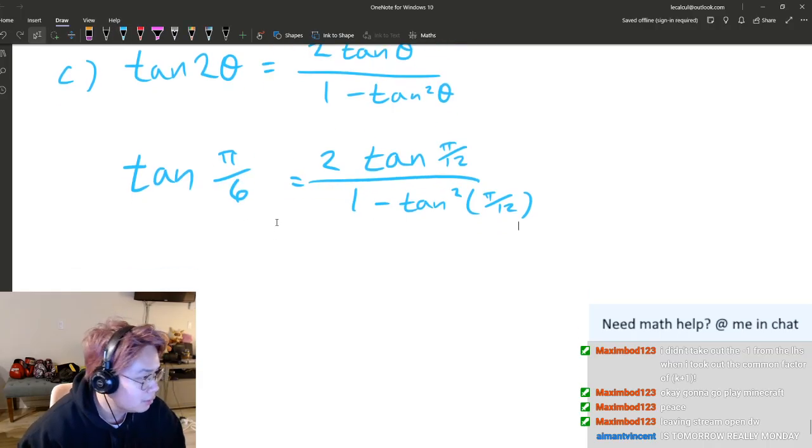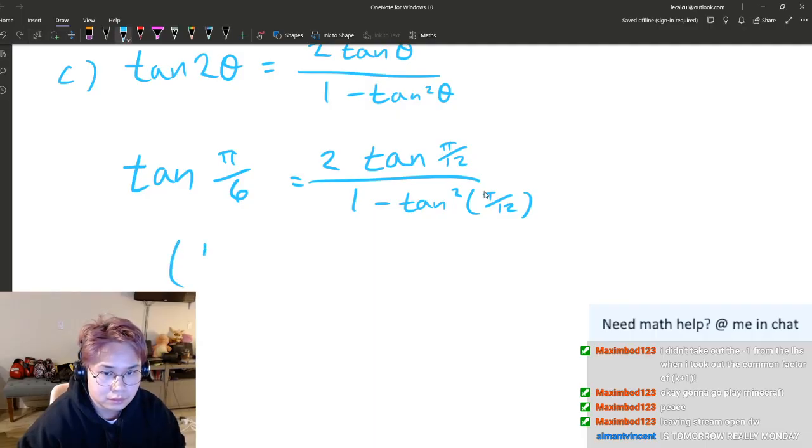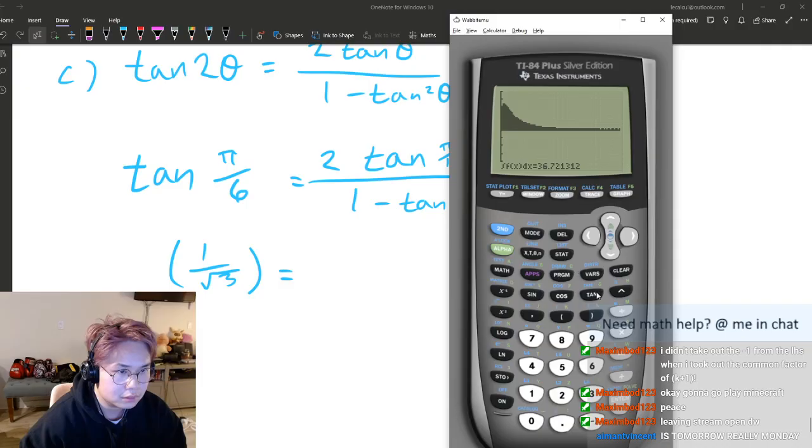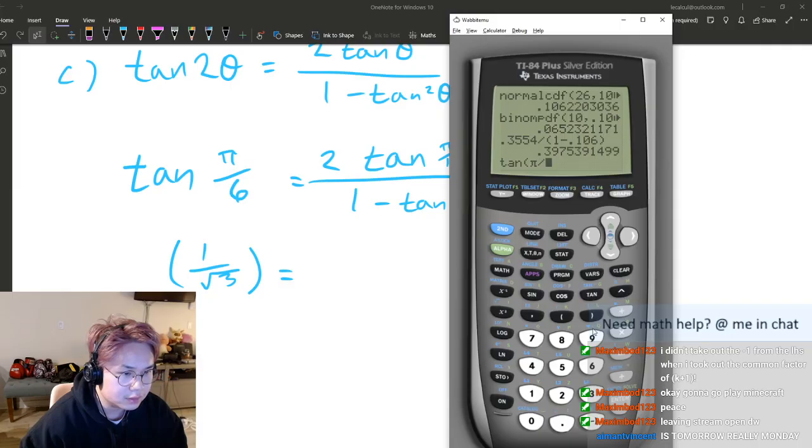This probably isn't the most efficient way, but it works. Okay, what is tan pi over 6? 1 over root 3, I think. And then if I were to multiply this by 3, I should get the same number?